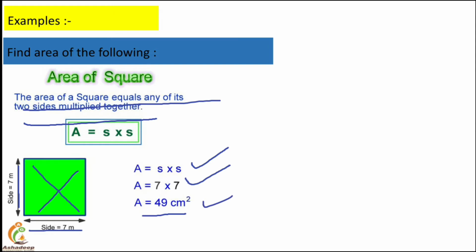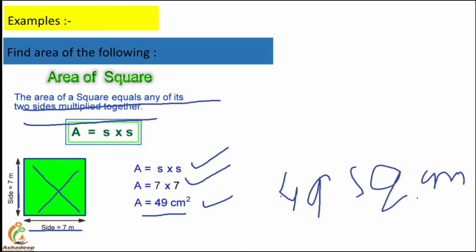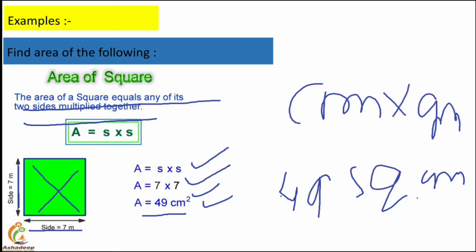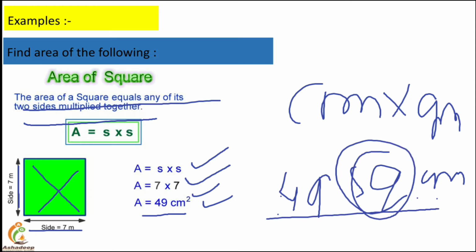You can write it like this also, cm squared. What is square centimeter? It means centimeter is repeated two times, and that is called square centimeter. We will write the answer as 49 square centimeter or square meter. Okay, go ahead.